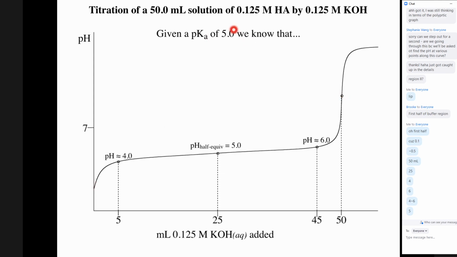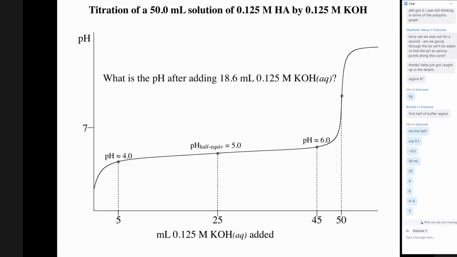But if they tell me this, if I have that information, then let's say they give me a question like this. What is the pH if we've only added 18.6 milliliters and not the full 50? So we need 50, but I've only added 18.6. What is the pH?